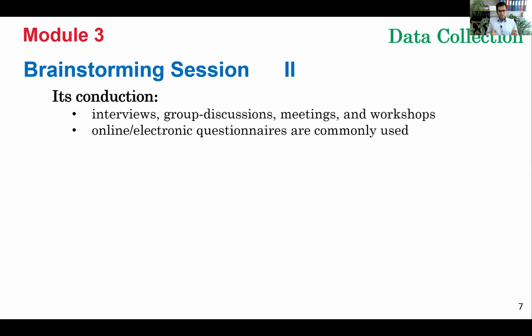Brainstorming sessions are conducted through online or face-to-face interviews, group discussions, online or physical meetings, and pre-planned workshops to identify important decision factors. However, for a similar purpose, online or electronic questionnaires are commonly used nowadays, since they do not require panel members to find a specific time window. They can enjoy flexibility in answering the questions.